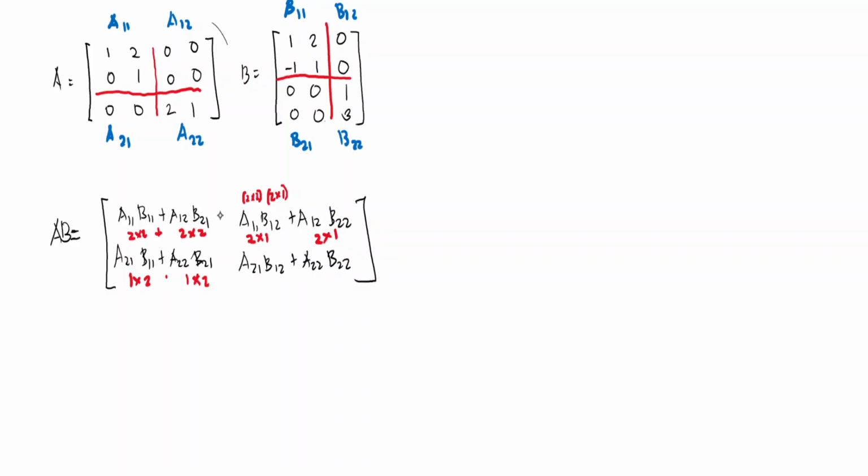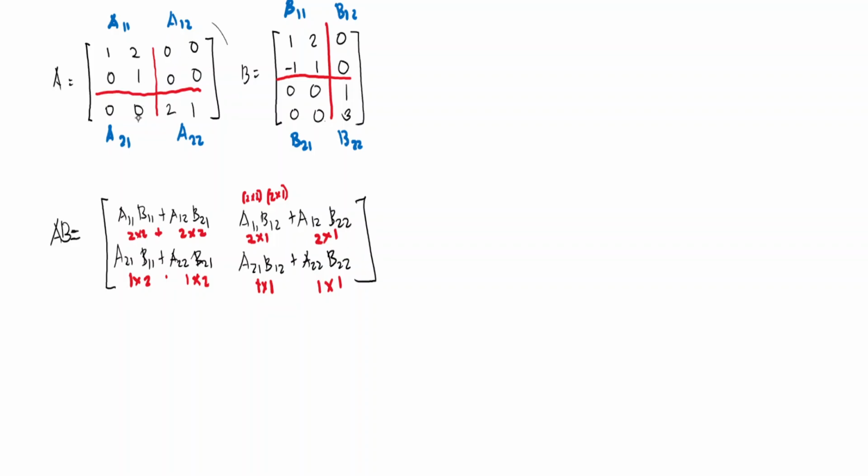And then we have the A21 again, the 1 by 2 matrix multiplied by 2 by 2, and then A22 is 1 by 2, rather this is a 1 by 2 multiplied by a 2 by 1. So this must be 1 by 1 matrix. This is a 1 by 2 multiplied by 2 by 1. So that's 1 by 1 matrix.